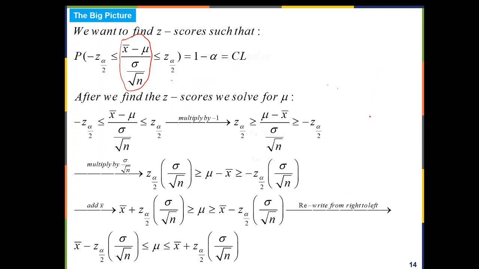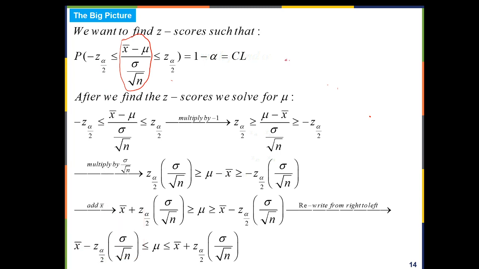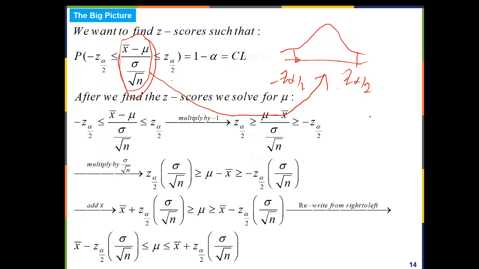So what we are saying here is that, you see under z here, we assume that the 2 numbers right here are z alpha over 2 negative and z alpha over 2 positive. So this x bar, which we convert to z, has to be between these 2 with what probability? Let's say 95%.